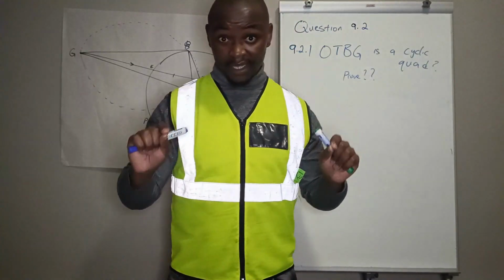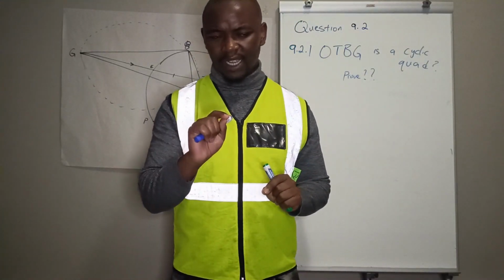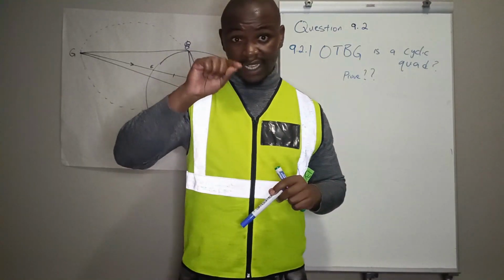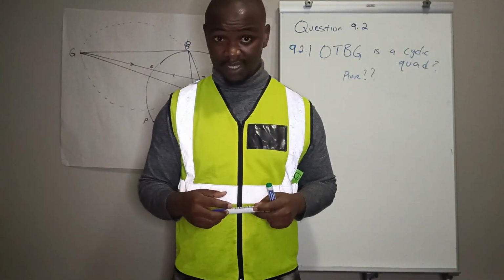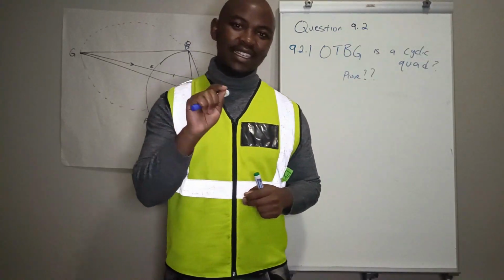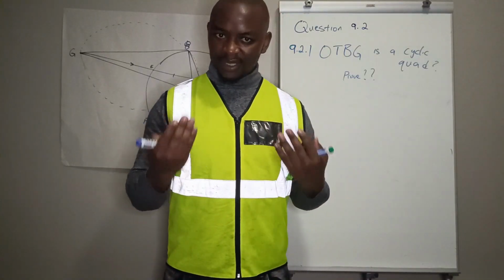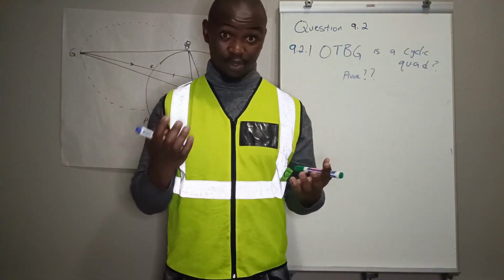It must be bounded by this circle. Specifically, the points that form these four sides must touch the circumference of the circle. Otherwise, if it does not touch the circumference, then it's no longer a cyclic quad, but just a quadrilateral. So cyclic quad, those things go together.